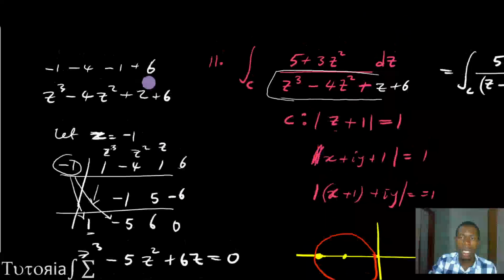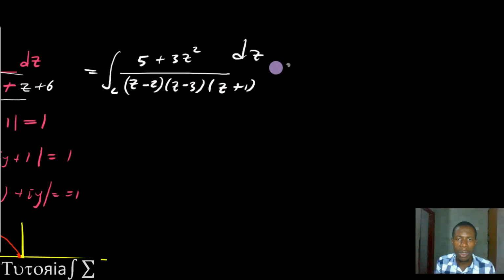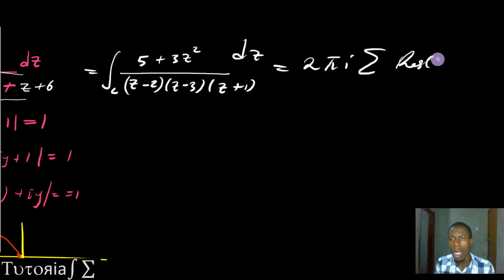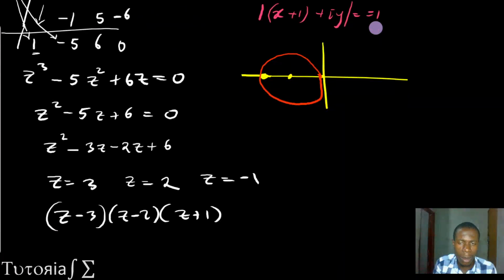So basically, using the residue theorem, this should be equal to 2 pi i times the sum of the residues. So we should just find the residues. This is the boundary, centered at 0, and since the radius is 1, this is a unit circle.